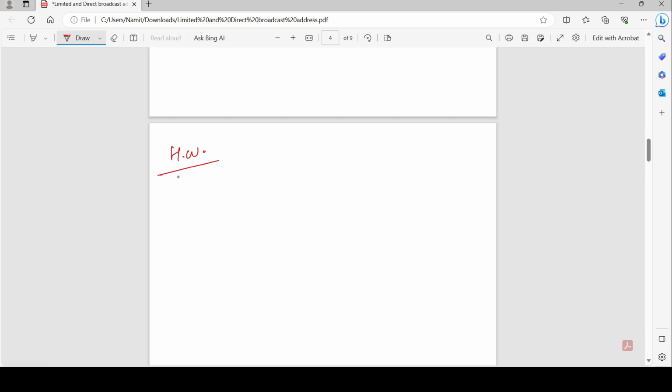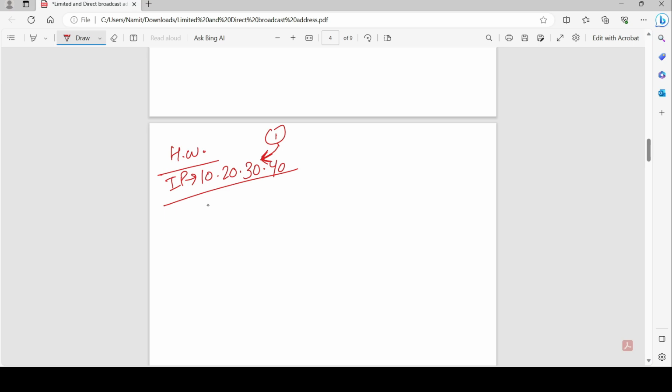Let's say there is a device which wishes to communicate with the network having one of the IPs as this.